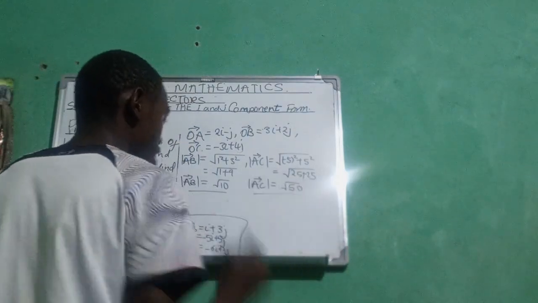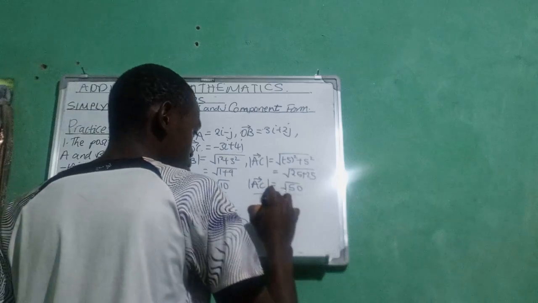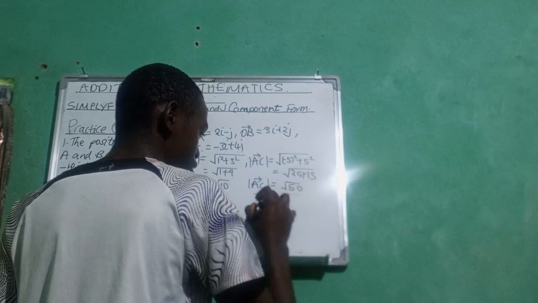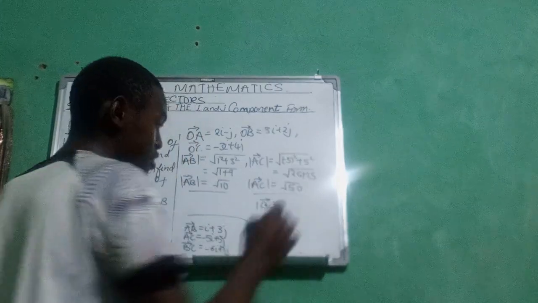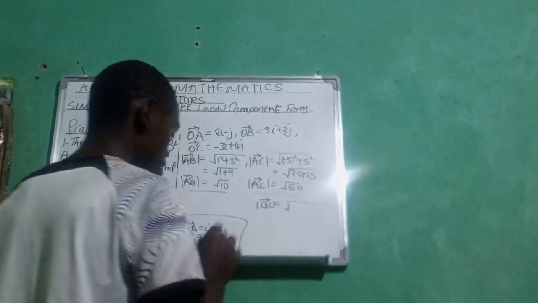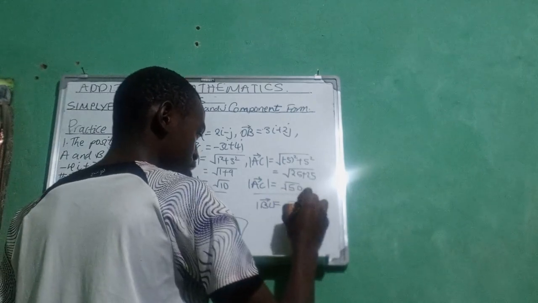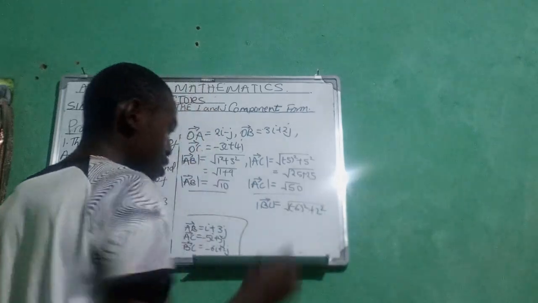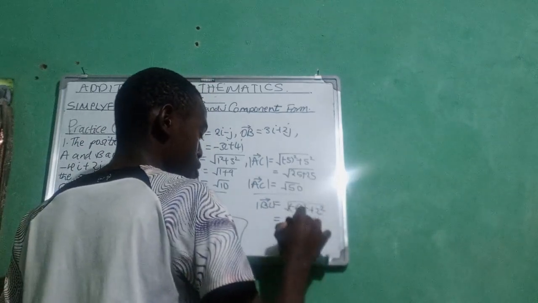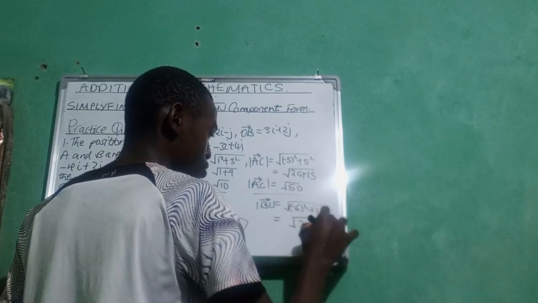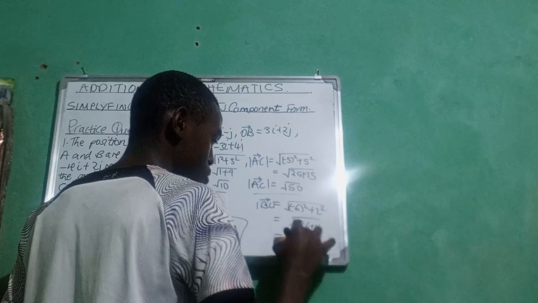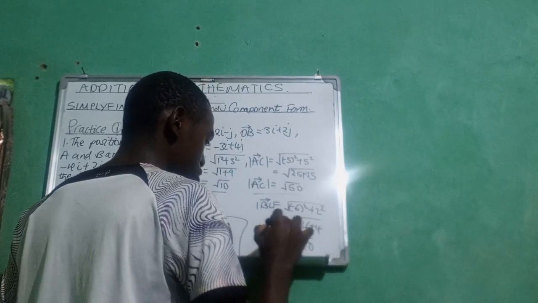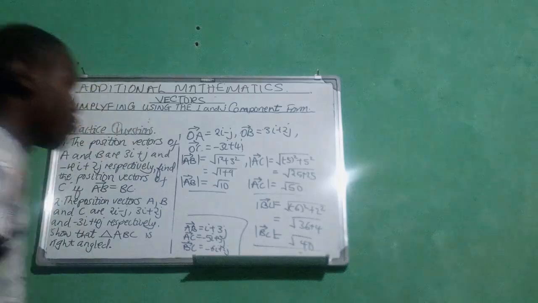And then we have our BC. The magnitude of BC is equal to the square root of the x component, negative 6 squared, plus 2 squared. This will give you square root of 36 plus 4, which is square root of 40.